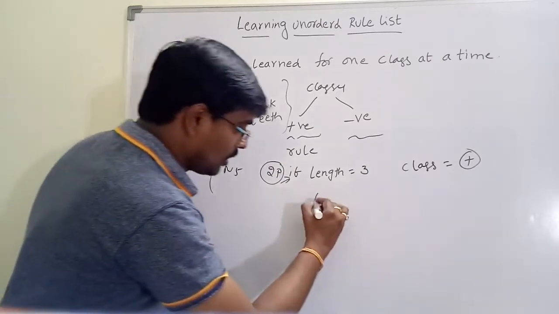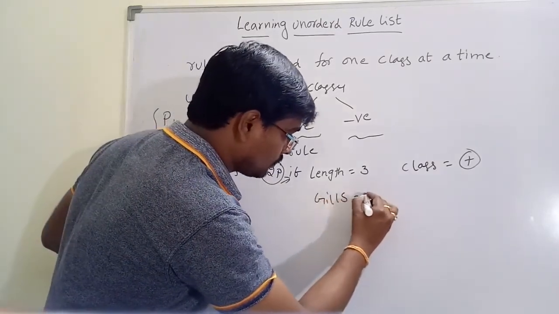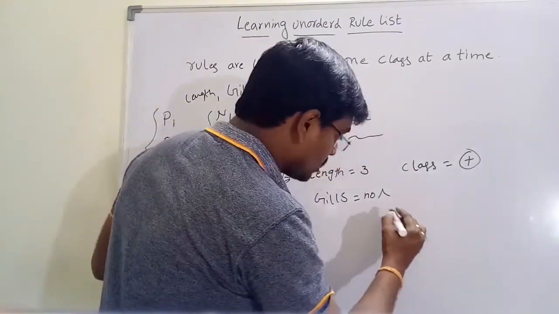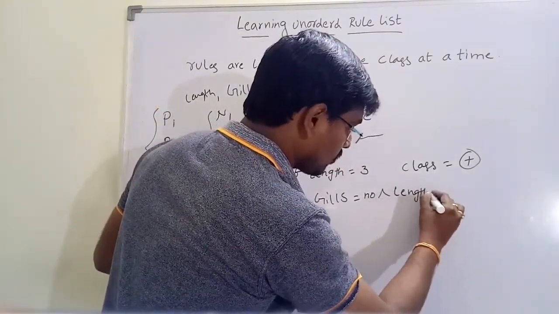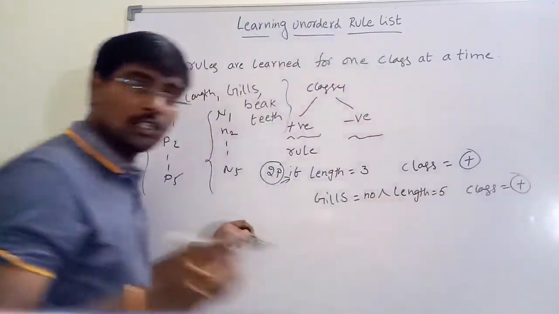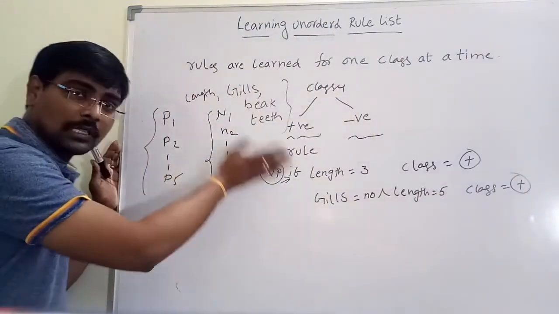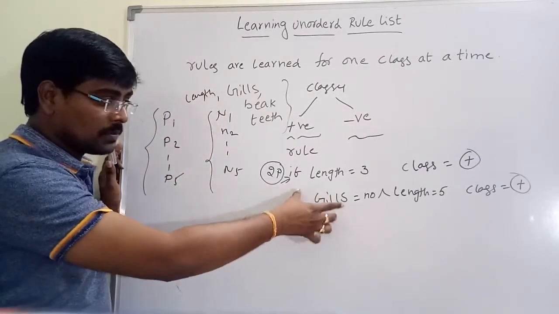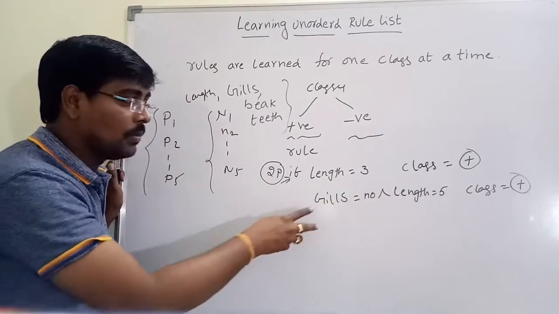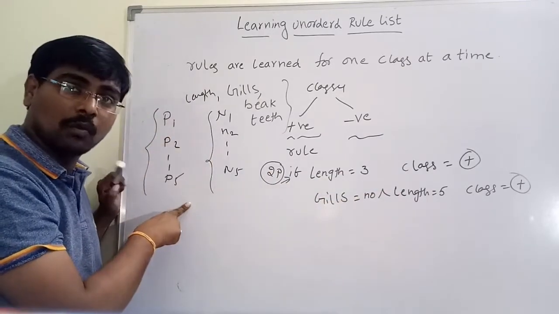For example, if gills is equal to no and length is equal to 5, assume the class is positive. Please observe, the previous video clearly explains that if gills is equal to no and length is equal to 5, automatically that statement belongs to the positive class.